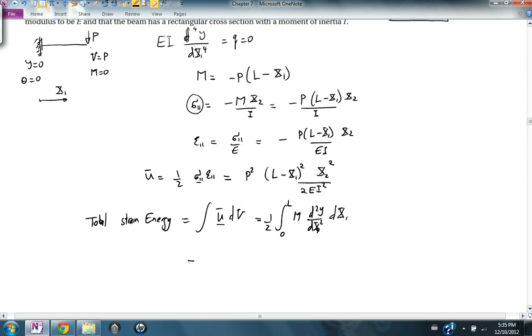And when you do the integration, you'll find the value to be equal to P squared L cubed divided by 6EI.